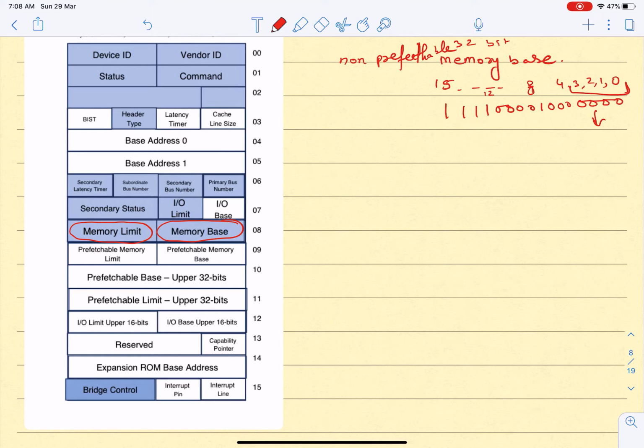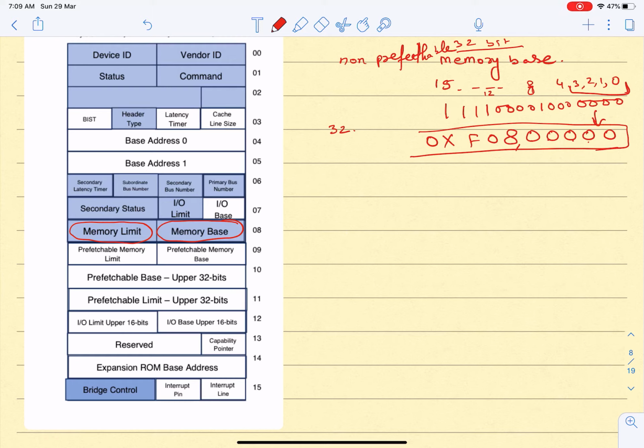So it is F08. And after that, because this base should be in 32-bit address space, what we need to do is, for base we need to write all other zeros. So the base address for the 32-bit non-prefetchable memory space becomes 0xF0800000.